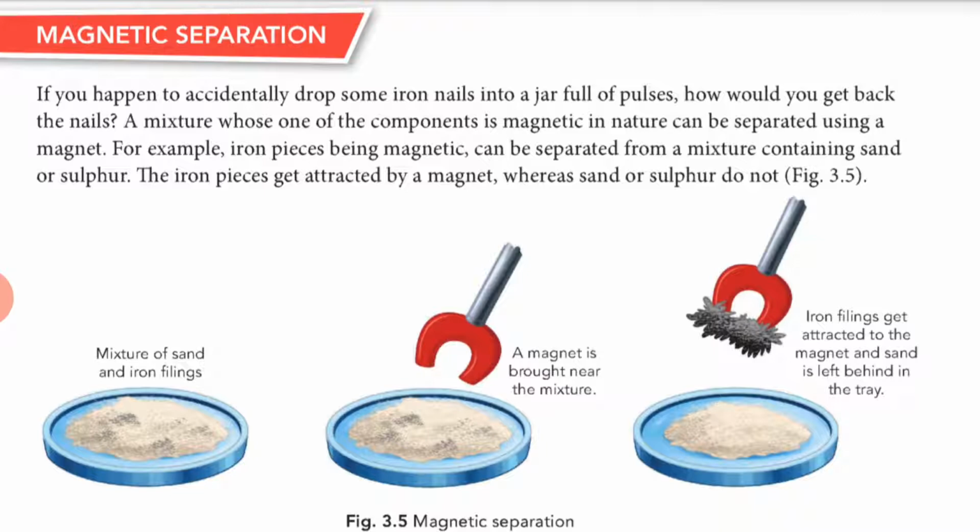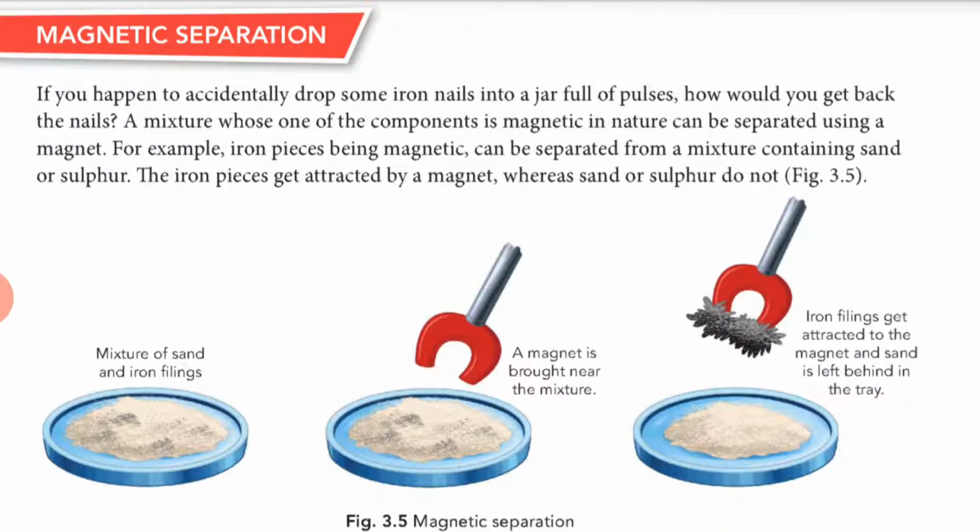So at that time we have to use a magnet, because we know that a magnet attracts material made up of iron, nickel and cobalt, right? Suppose you have a mixture of flour and iron filling, that means iron powder. When the magnet is brought close to this mixture, what happens?